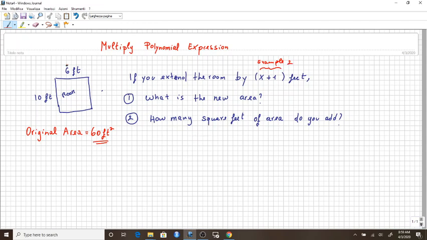Well, this 6 will become 8 feet, because you are adding 2 feet to 6, and this 10 will become 12 feet, because you're going to add these 2 feet. The fact is we don't know what x is, so what we need to do is add x plus 1 to 6 and add x plus 1 to 10.